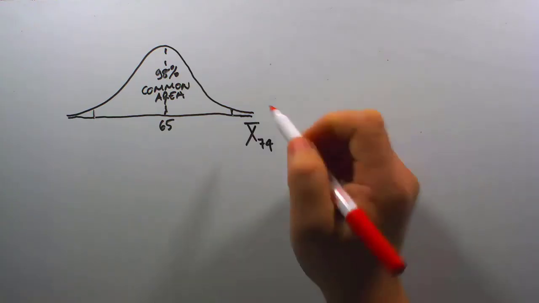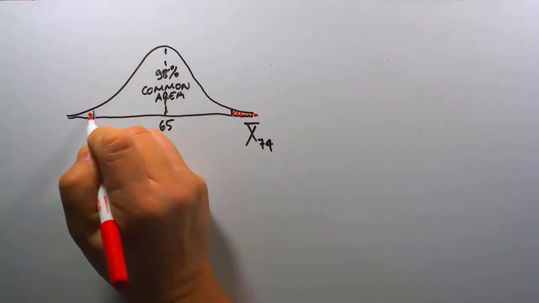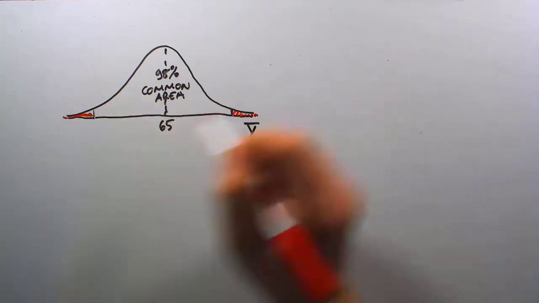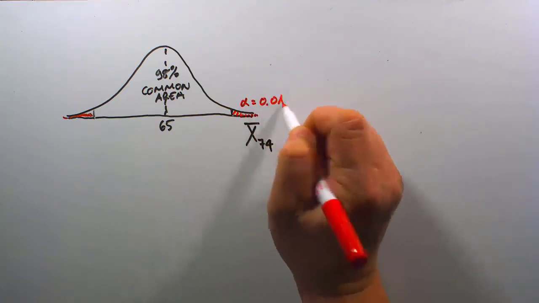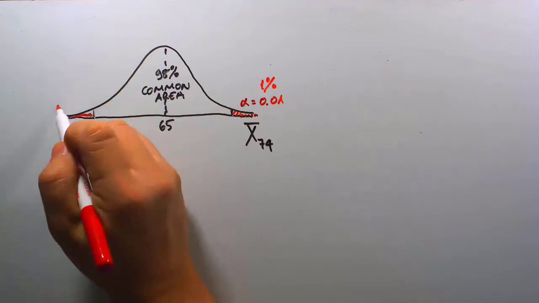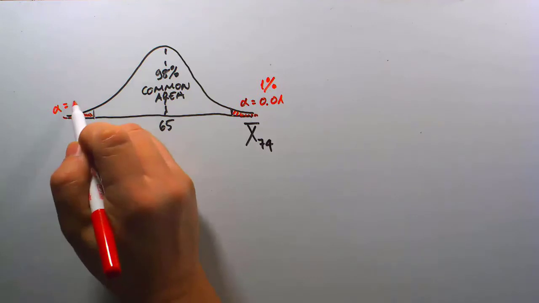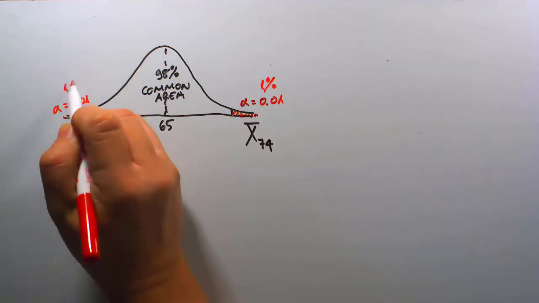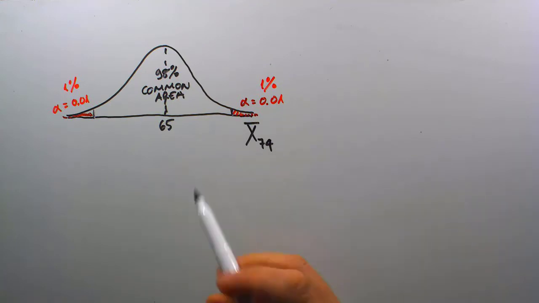That was due to the fact that the significance level given in the problem was only 0.01, or 1%, on each little tail. So alpha equals 1% here, and alpha equals 0.01, or 1%, here on the left hand side. That's what we already learned from the earlier explanation.